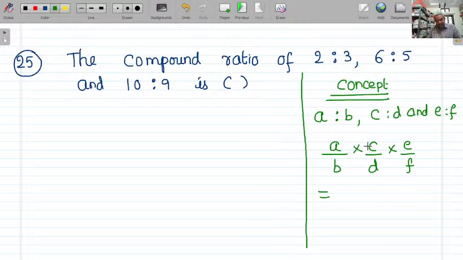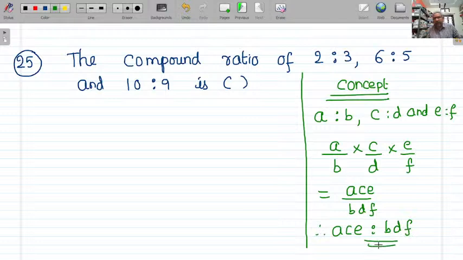Otherwise, A into C into E, the product of the first terms, divided by the product of the second terms. So the required ratio is ACE is to BDF. So this is the compounded ratio or compound ratio.